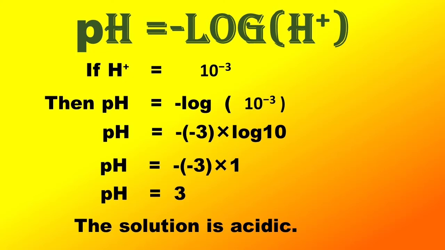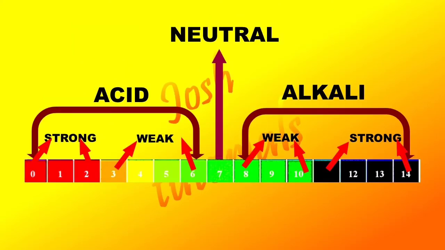Let us calculate the pH if the H plus ion concentration is 10 to the power of minus 3. pH is equal to minus log of H plus ions, that is minus log of 10 to the power of minus 3, that is minus of minus 3 into log 10, that is equal to 3. This means the solution is acidic.